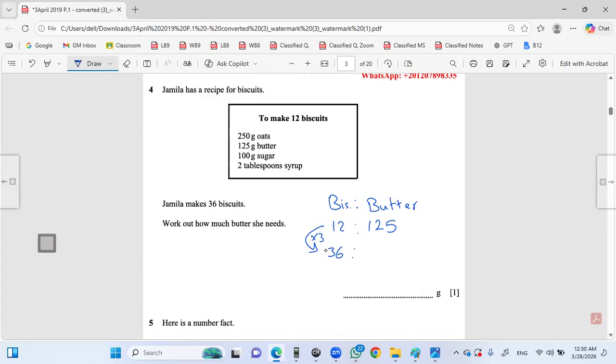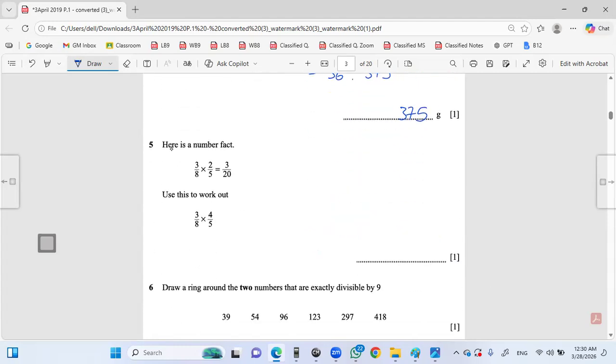It got tripled. So I'm going to multiply this also by 3, which is going to give you exactly 375 grams. And make sure that they're requesting it in grams. So 375 in grams, because if they said kilograms, then it would have been 0.375.